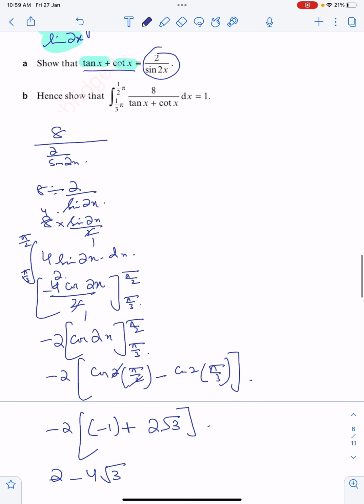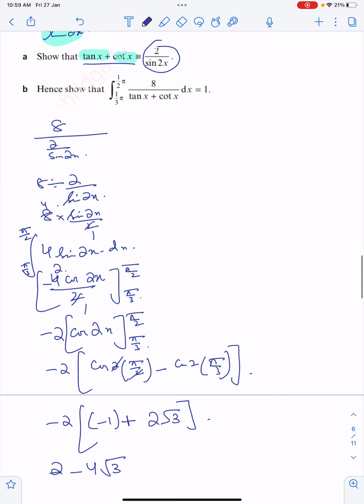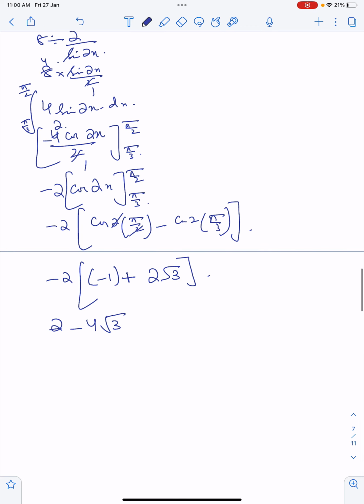Just hold on for a while. Cos 2 pi by 3, I'm just checking it with the calculator.